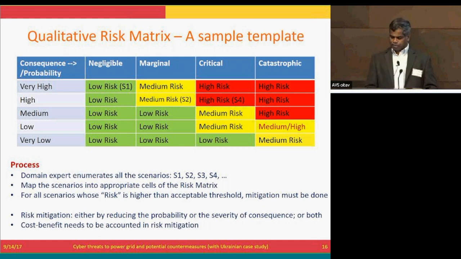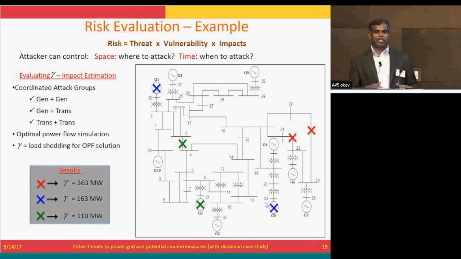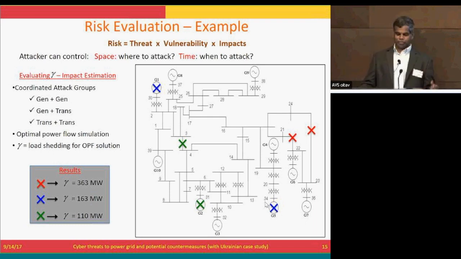What is the probability of the cyber layer associated with generating station 1 and generating station 2? That can be computed through some other means. If the SCADA topology and what kind of security features are implemented in that network is given, one can do some analysis to find out that probability.